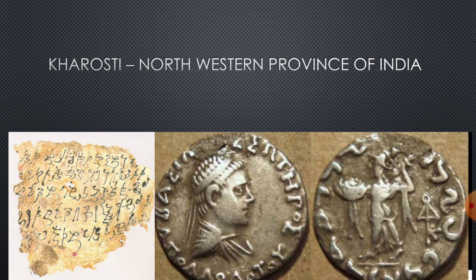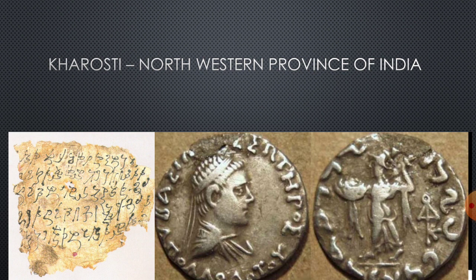However, the decipherment of Kharosti was different. Here, the scholars used the script written on the coins that were found in the northwestern part of India. This territory was under the control of the Indo-Greek kings. These coins had the name of the Greek kings as well, which was written down in Greek as well as in Kharosti.